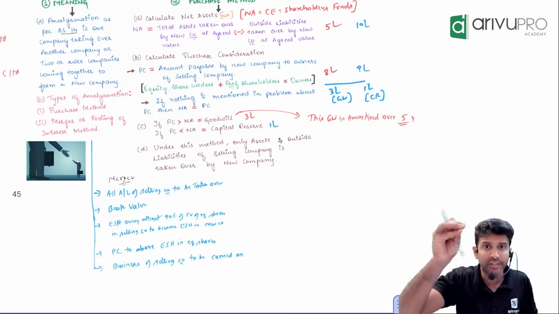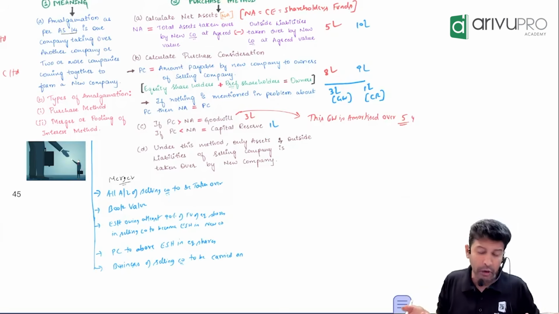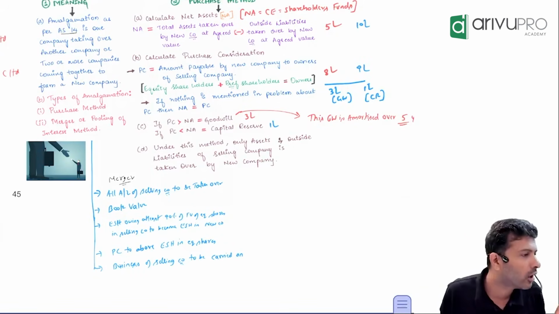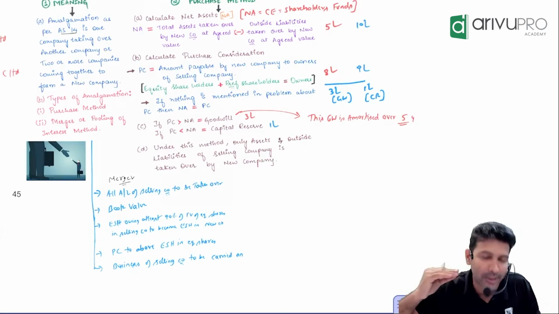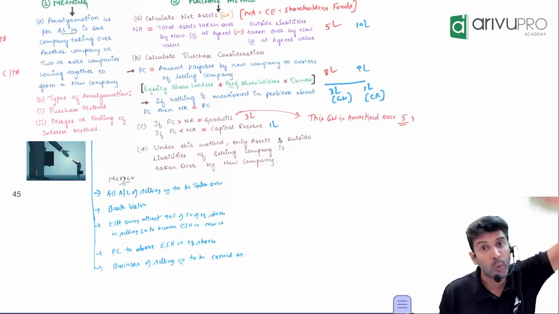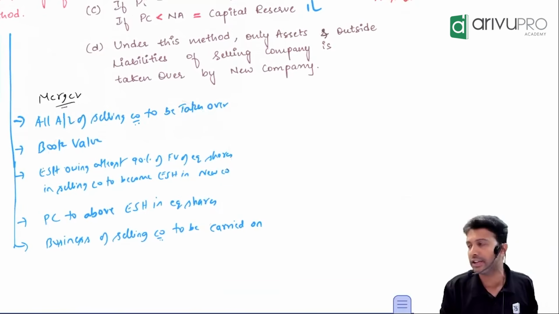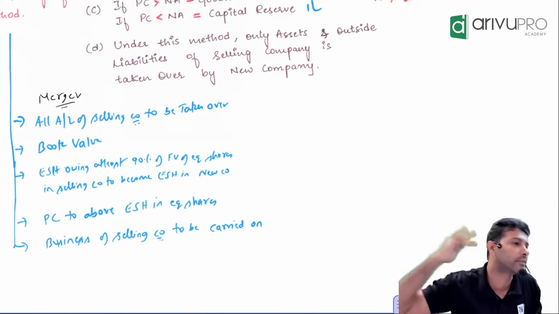When the question says it is purchase method, don't be a smart aleck and say a condition is violated. Not required. If the question says purchase method, follow purchase method accounting. If the question does not specify, then you will test these five conditions and figure out whether it is a purchase or merger, and accordingly give the treatment.